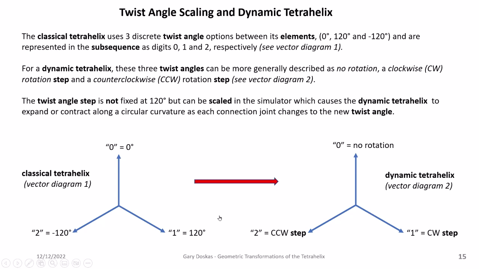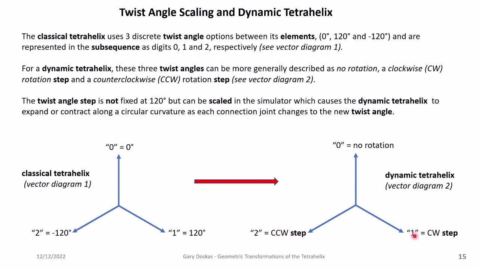Now, just to put this in perspective, I've got these two vector diagrams at the bottom. Vector diagram 1 is for the classical tetrahelix, and it just shows the relationship between the angles. Here it's a nice clean 120 degrees between all of them. The dynamic tetrahelix interprets this, again, as a variable, not a fixed value.